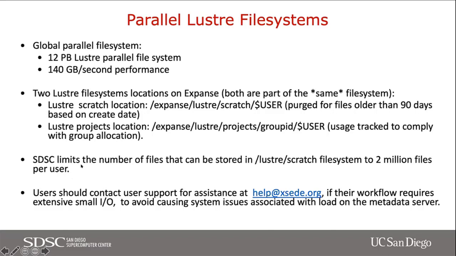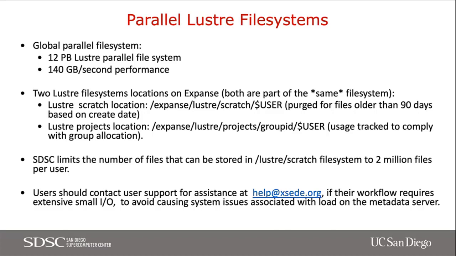And the other thing to keep in mind is we are limiting the number of inodes, and this is true on Comet too. So we are limiting the inodes to 2 million per user. This limit is in place because if you're writing millions of files, Lustre is probably not the right location for it, and you should look into changing the workflow to using the NVMe that's sitting on each node.